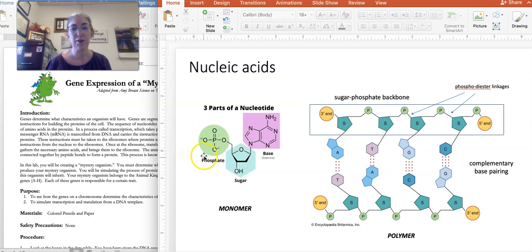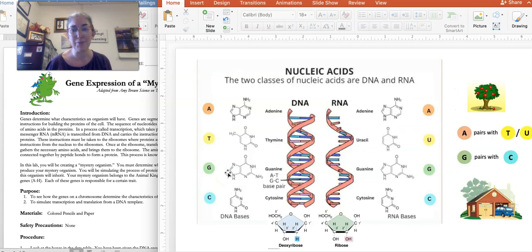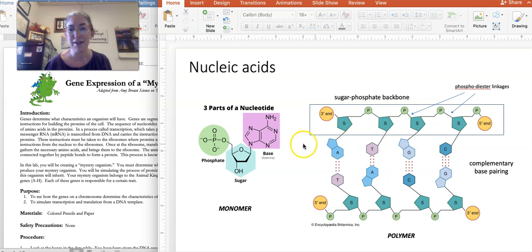All right, so the difference between RNA and DNA we'll see on this slide in a second, but they both are made up of these monomers that have slight differences, and they link together to form polymers, and those linkages that connect them are called phosphodiester linkages.